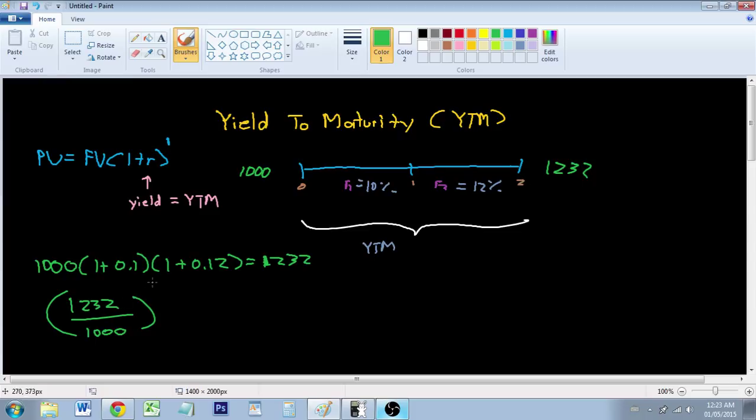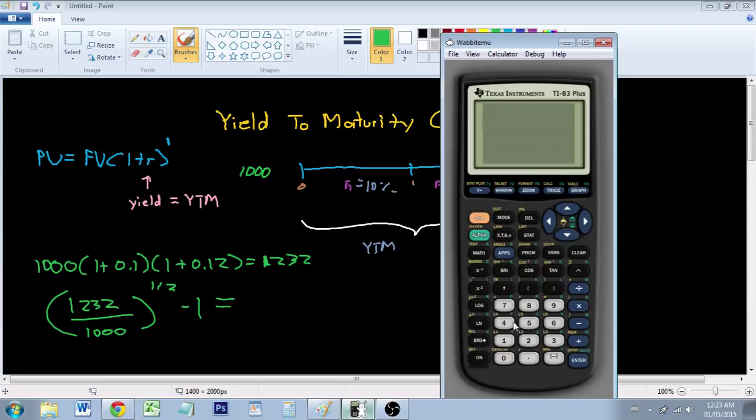In this case, we only have 2 time periods. If we subtract 1, you're going to get your interest rate. So let's see what that is. 1232 divided by 1,000, to the power of 1 divided by 2, minus 1. You're going to get about 11%.